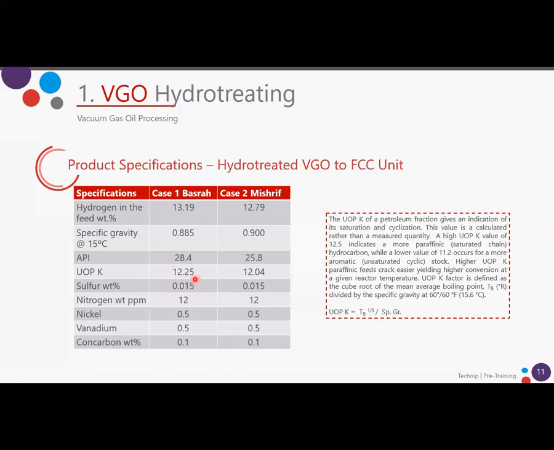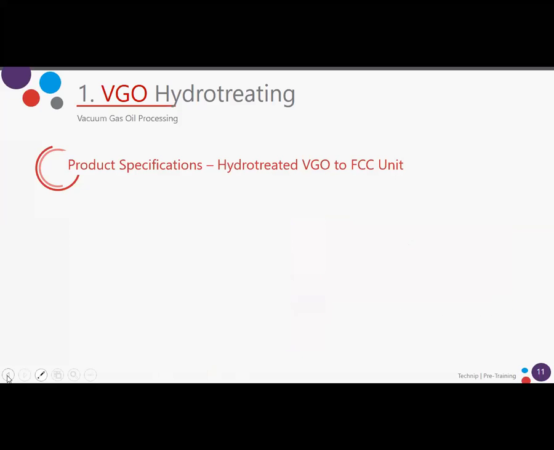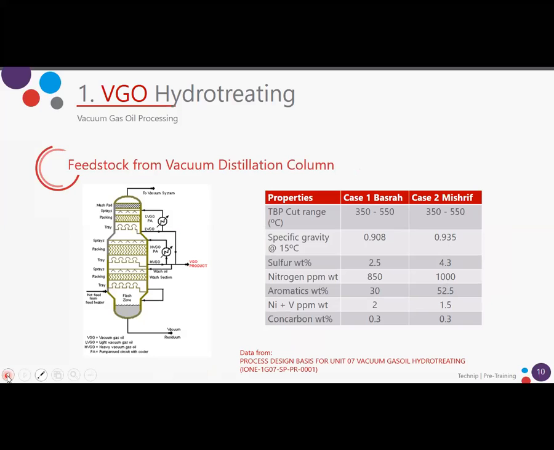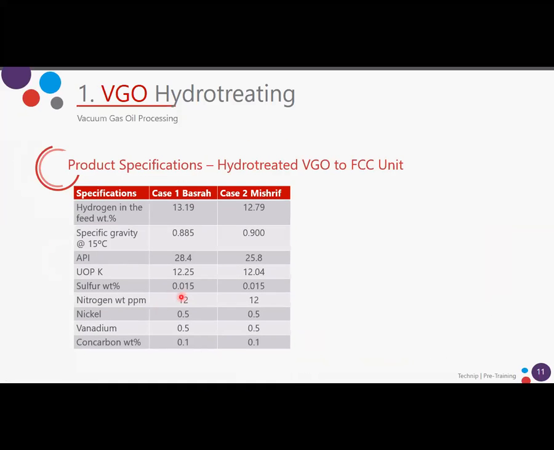So if you focus on the sulfur, you see that at the feed we have 2.5%, here 4.3, and then we will have 150 ppm. Okay.